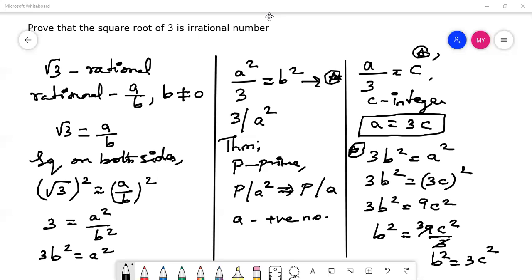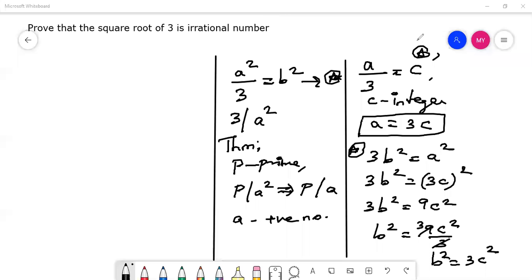Now what we have got is b square equals 3c square. From this we can say b square by 3 equals c square. So here also, when b square is divided by 3, we are getting the answer as c square. From this theorem, we can say that b can be divided by 3, and we will get some number d.